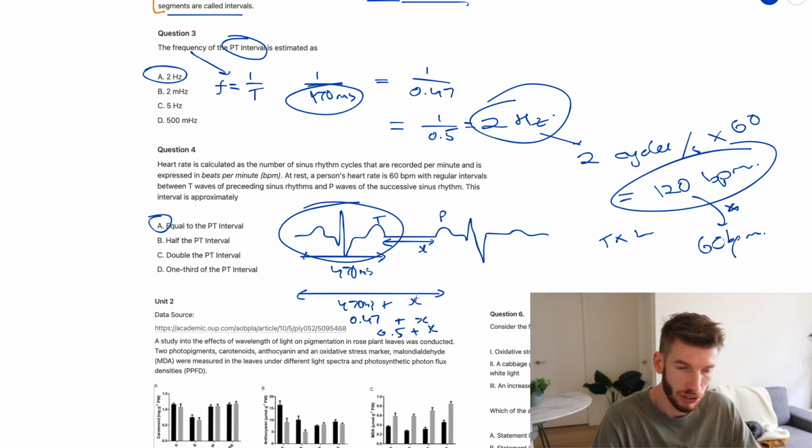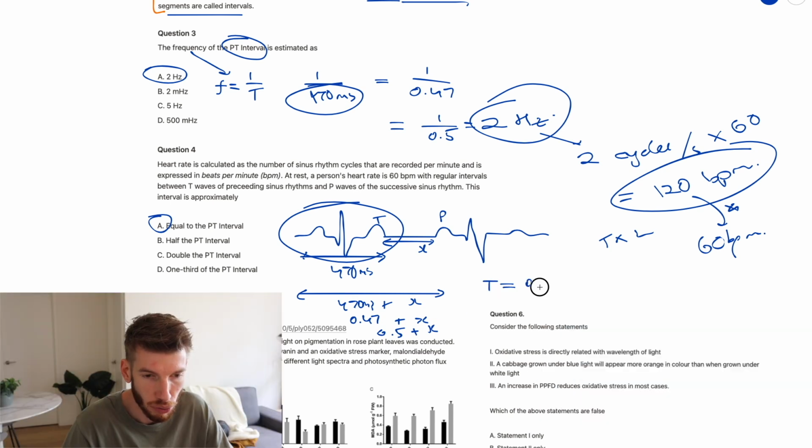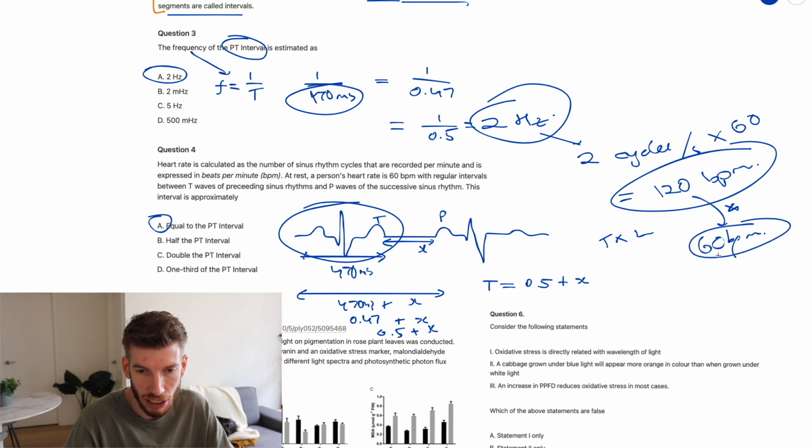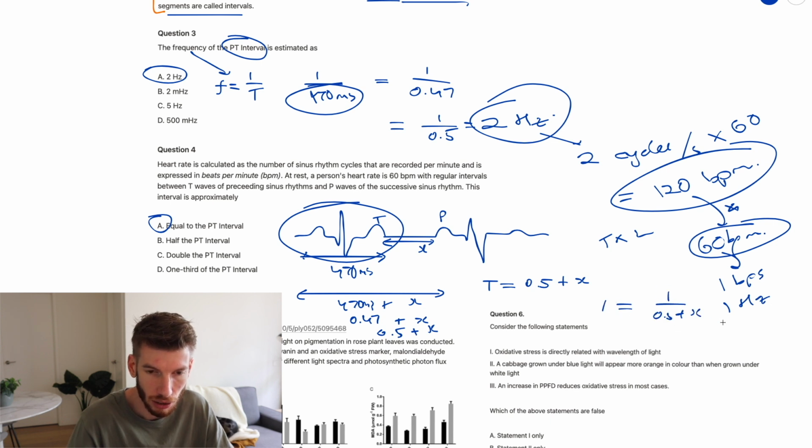There's a more mathematical way to do it though. You could also look at this and go, okay, well, if my new interval is 0.5 plus X, and I know that the frequency, if it was 120 beats per minute down to 60 beats per minute, equates to 1 beat per second, which is 1 hertz. And so therefore 1 hertz is equal to 1 on the time interval, like that.